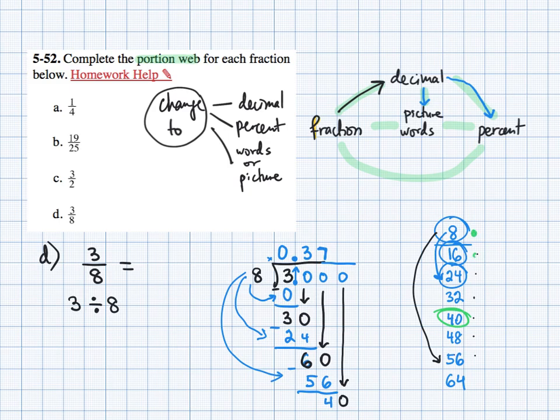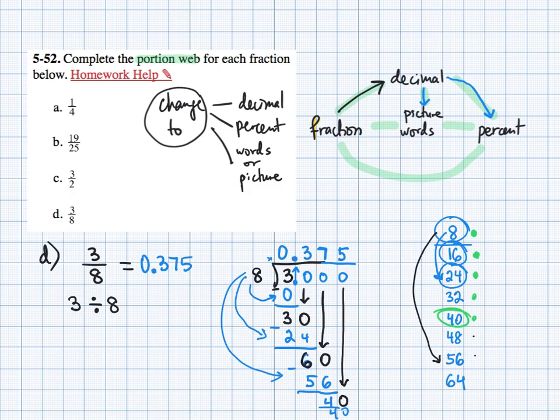Times 1, times 2, times 3, times 4, times 5. So I want to record the 5 on top, and with the 40 I can stop my division. We get a 0 remainder. So the decimal, go ahead and record it, is 0.375, right?